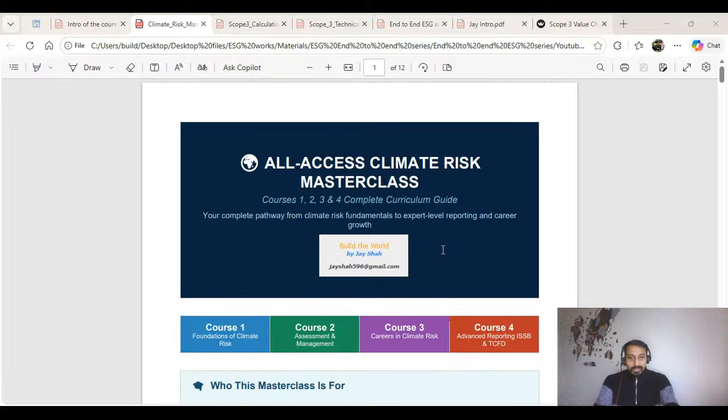The third is the advanced bundle, with all the courses from foundations to accelerators and advanced ISSB and TCFD reporting, because climate risk analysis pays well for risk analysis, finance analysis and physical risk analysis. With 17 modules overall, you will have end-to-end climate risk expertise from fundamentals to advanced disclosures.